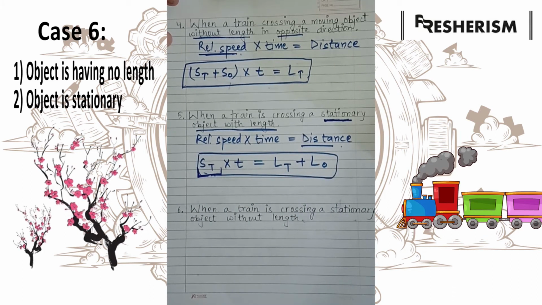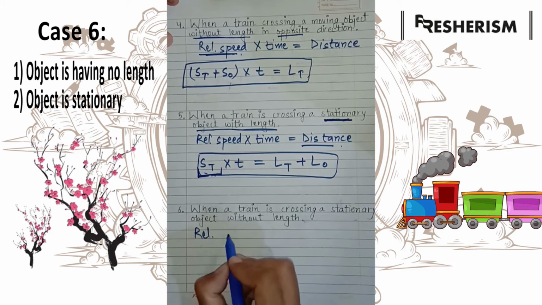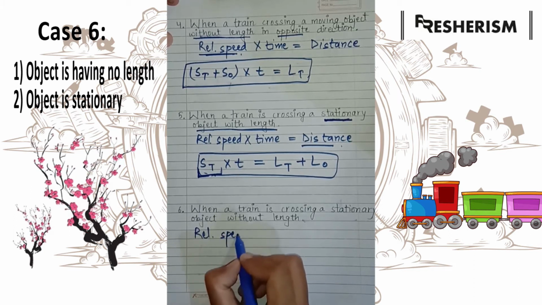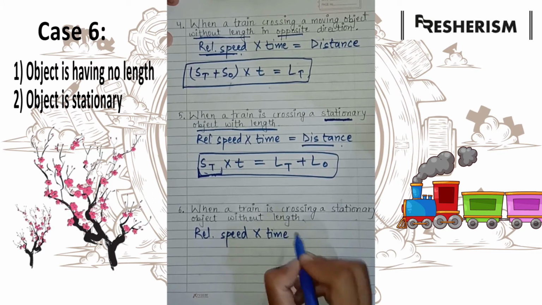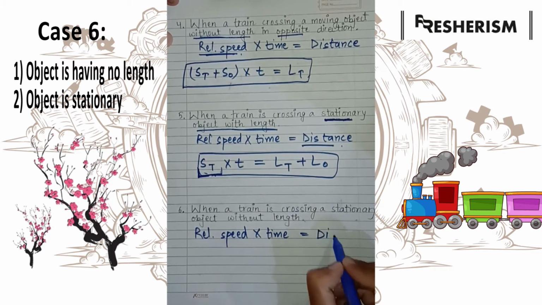The next case we have is when a train is crossing a stationary object without length. That is, the object is not moving, but the object does not even have a length. So, basic formula altogether same. Relative speed multiplied by time will be equal to distance. Now, what would be the speed?